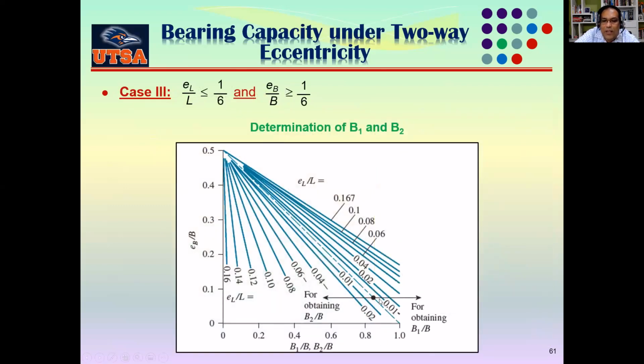This way you obtain B1 by B. If you get any value, your B1 would be that value multiplied by B. Similarly, you can go this way to find out your B2 by B. In that situation, you use this EL by L from this direction. That direction is for B1 by B, and that direction is for B2 by B.